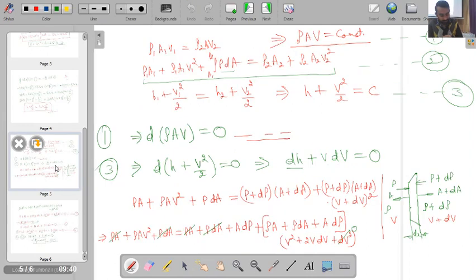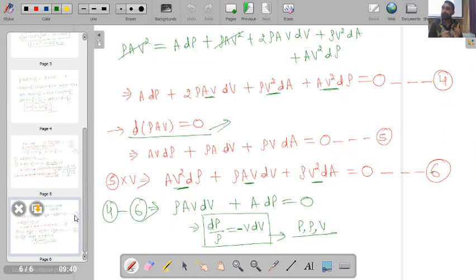Then the second important relation is my energy equation, and then by manipulation of momentum and continuity equations, I have got a relation between pressure, density and velocity. All these relations are available in differential form.